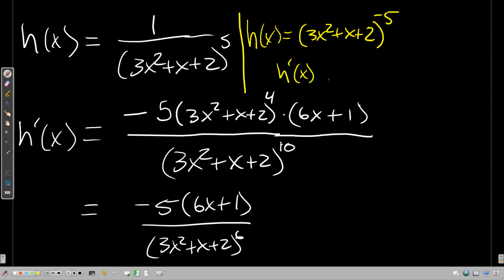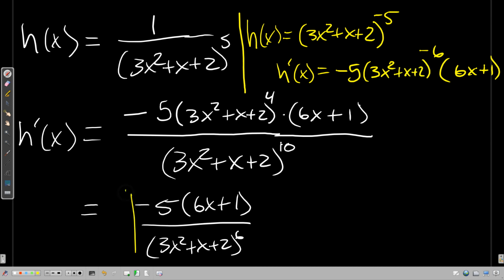So that h prime of x would be, I just have this one thing to differentiate now. I'm not having it nested inside of a quotient rule. It's minus 5 and then times that stuff to the minus 6 and then times the derivative of that inner part, 6x plus 1. And the stuff that goes right here is that polynomial that we just took the derivative of. And these are the same.